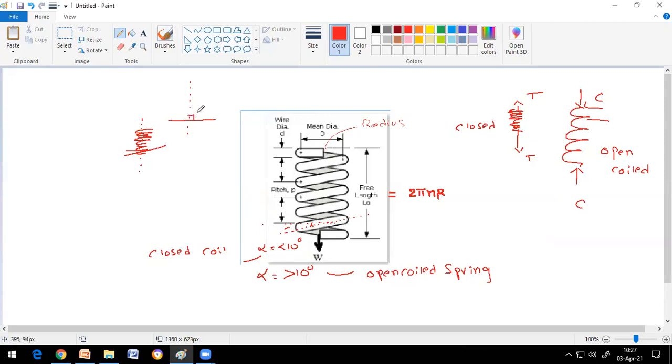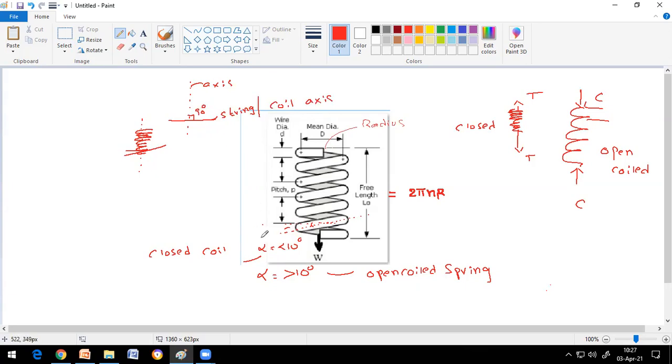Then you can see the 90 degrees angle between the axis of the string and the axis of the spring. This is the axis of the spring, this is the axis of the string or coil. So the angle between these two will be almost 90 degrees.